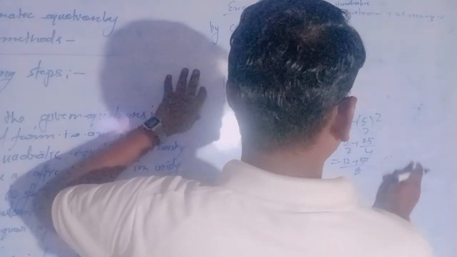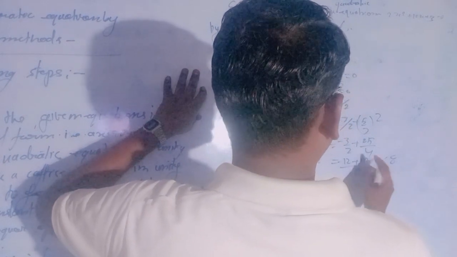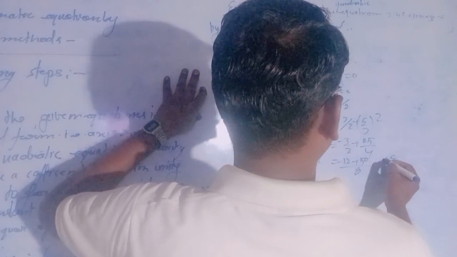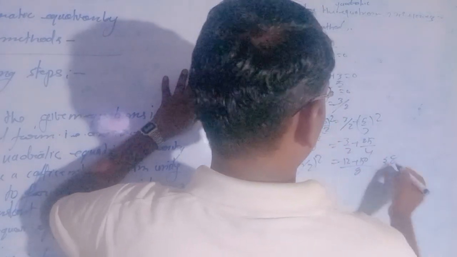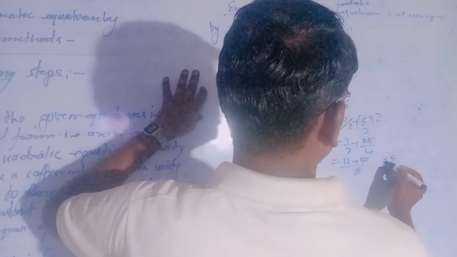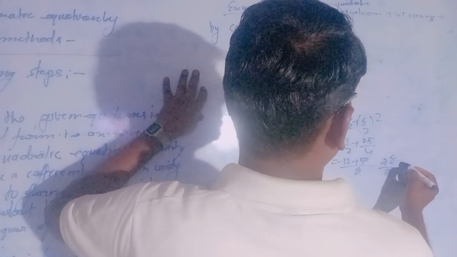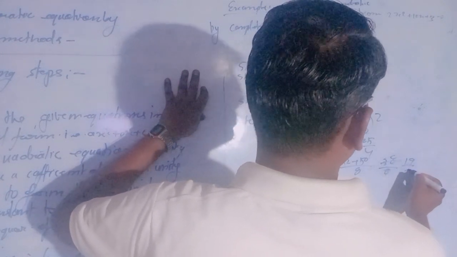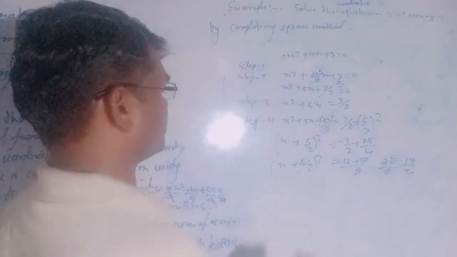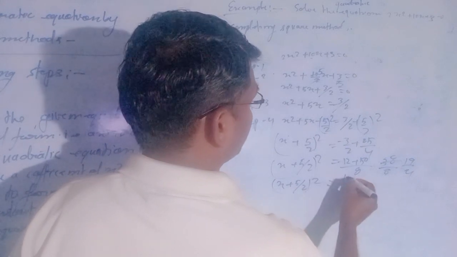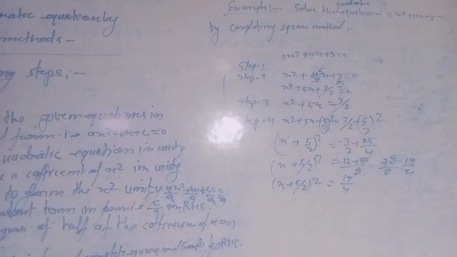So it will be 8 and 4 minus 3, 38 by 8, and 19 by 4. So x plus 5 by 2 whole square is equal to 19 by 4. We have found steps 5 and 6 here.